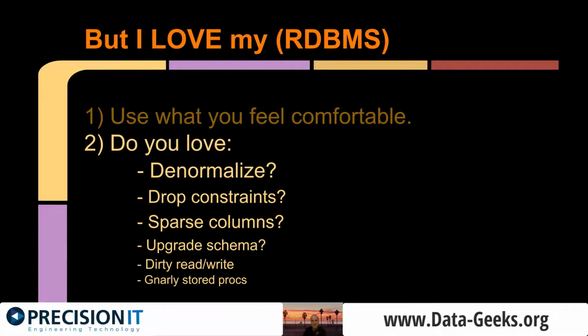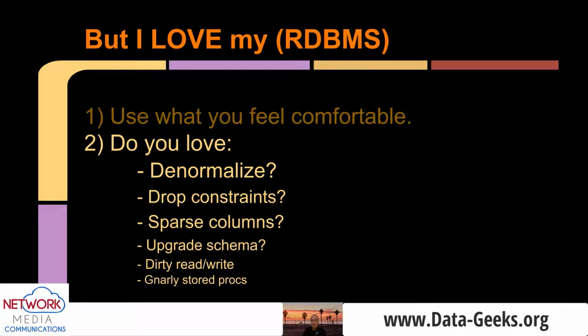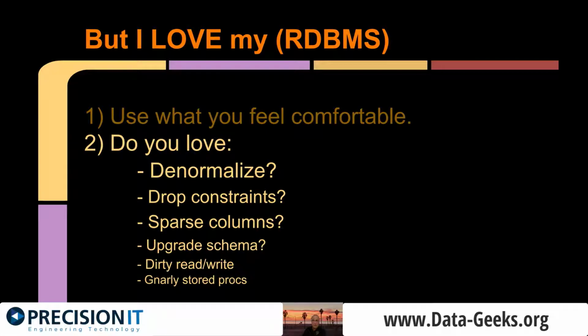And then we did all kinds of stuff like denormalize tables in order to read faster, because we had too many locks imposed, or because just the cost of join was too much, or we had to drop constraints, drop check constraints in order to speed up things, or we had to create sparse columns where, let's say a table had 6 extra columns that are nullable just because we couldn't do like a document and just add or remove fields as we want.